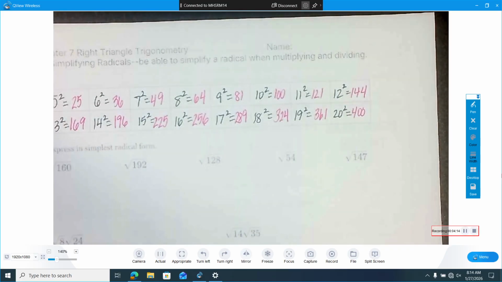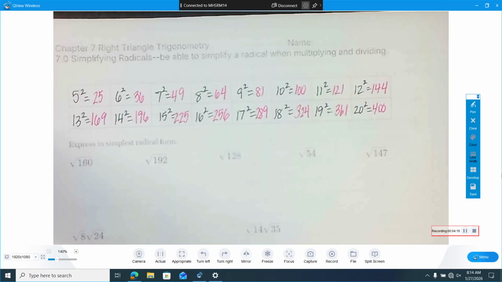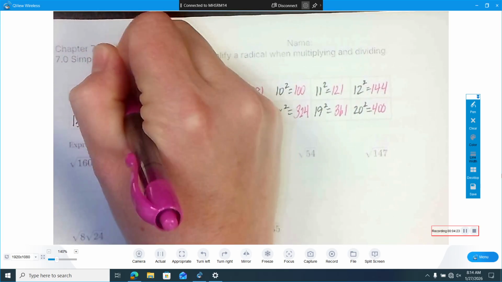Okay, so we have a list of the first 20 perfect squares. The pink numbers are what are called the perfect squares.